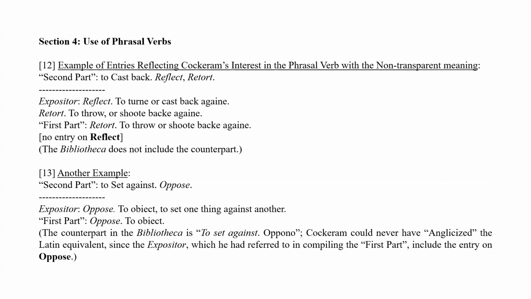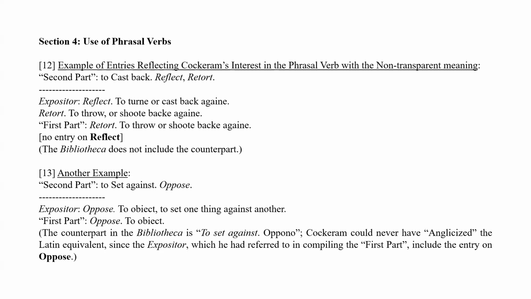Section 4. Use of phrasal verbs. Cockeram very frequently abbreviated and modified definitions in the Expositor and the first part in providing head phrases in the second part. However, he did not perform this practice only to shorten such definitions.